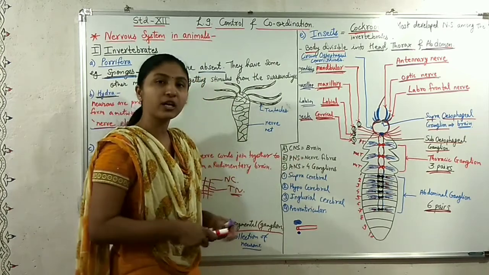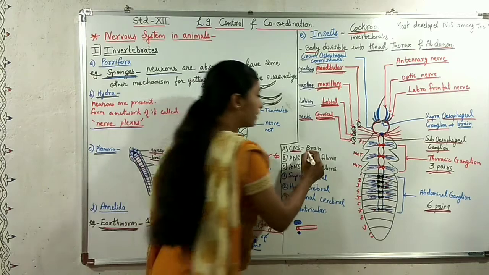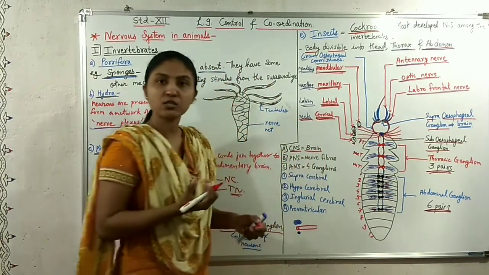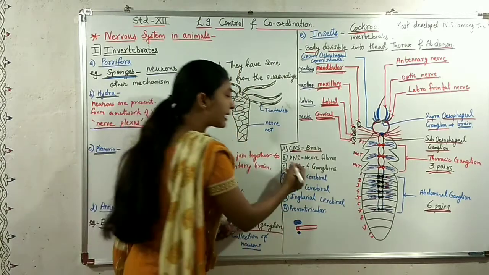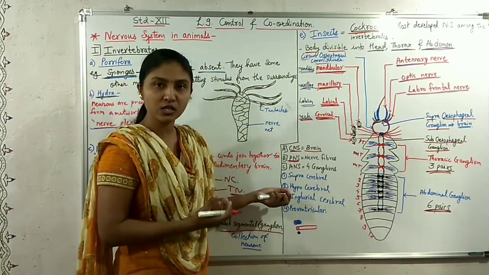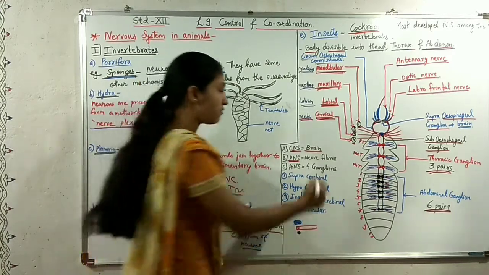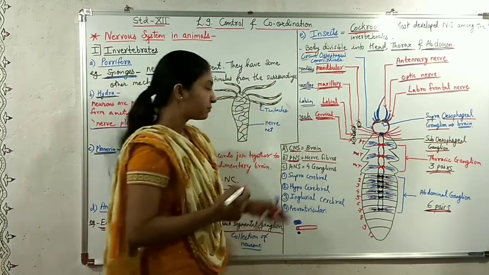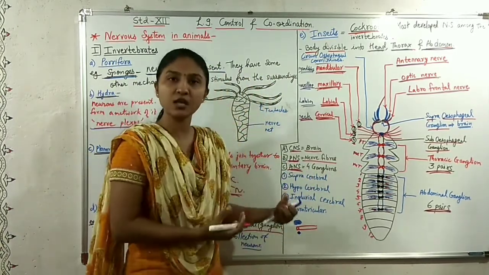First is the central nervous system. It consists of the brain, or the supraesophageal ganglion. The second part is the PNS, that is the peripheral nervous system. It is made up of nerve fibers. The third part is the ANS, the autonomous nervous system.